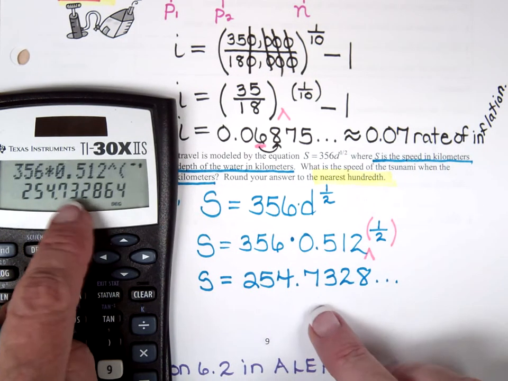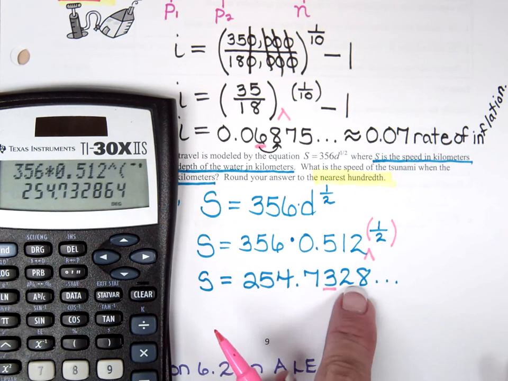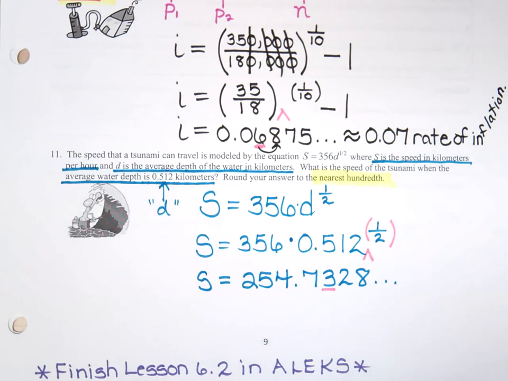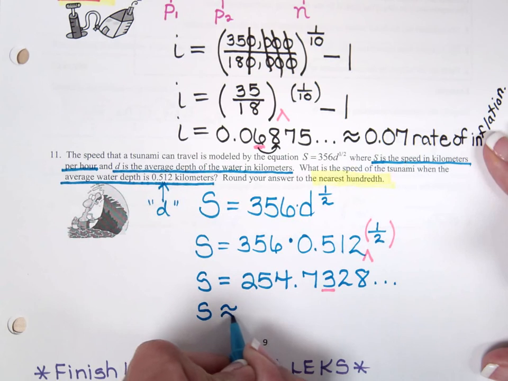So then we underline the hundredths place, 3, and the only question we ask ourselves is, does it stay 3 or become 4? And because it's followed by a 2, that means it stays 3. So now our symbol changes to squigglies to show the reader that it's no longer an exact answer. Now it's approximate.